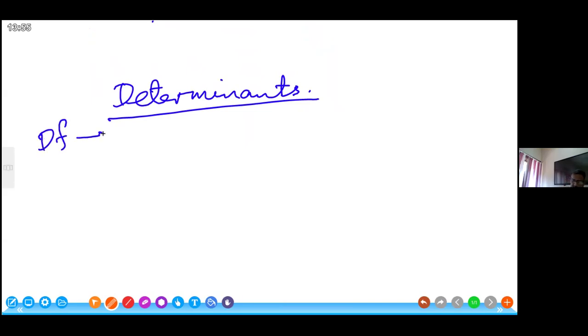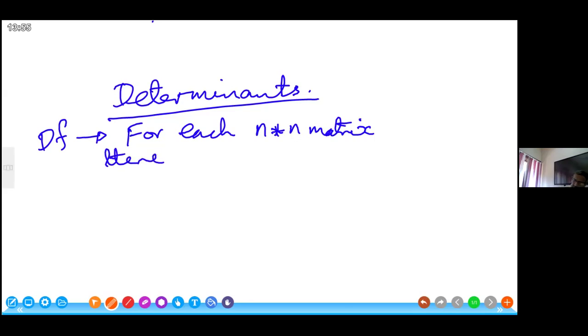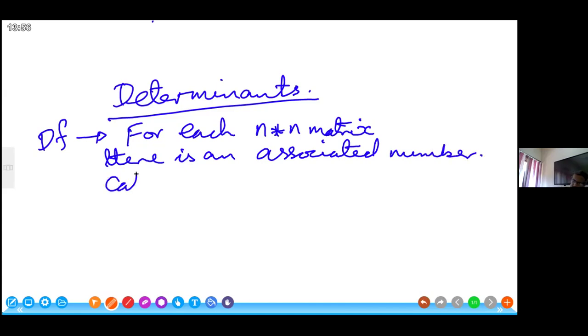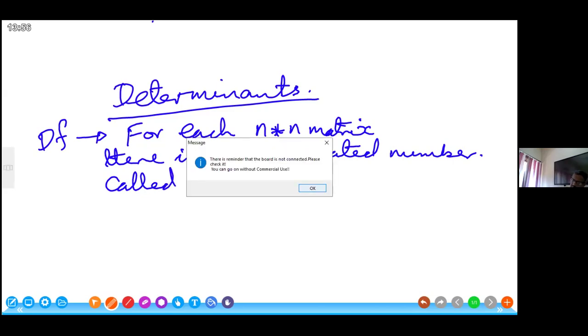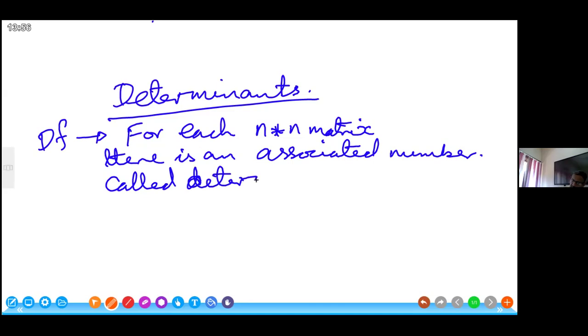By definition, for each n into n matrix, there is an associated number called the determinant of the matrix.